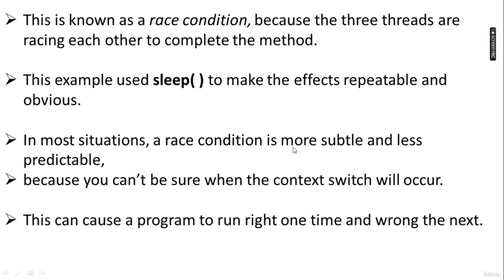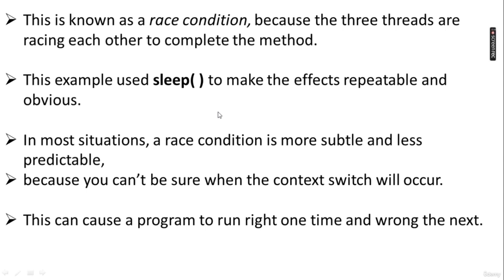In most situations, a race condition is more subtle and less predictable because you can't be sure when the context switch will occur. Every time, a race condition is more subtle, because you don't know when your thread will get the CPU time, for how much time it will be inside the CPU, and after how much time it will relinquish control.